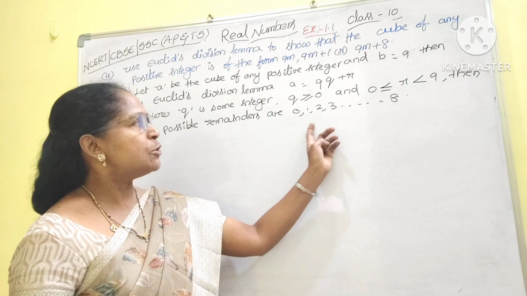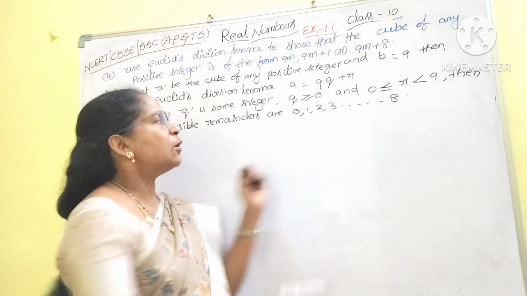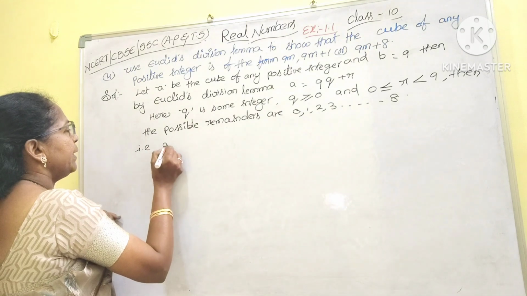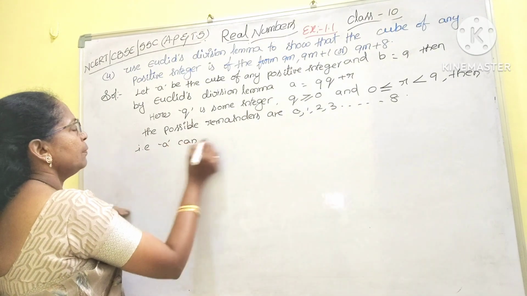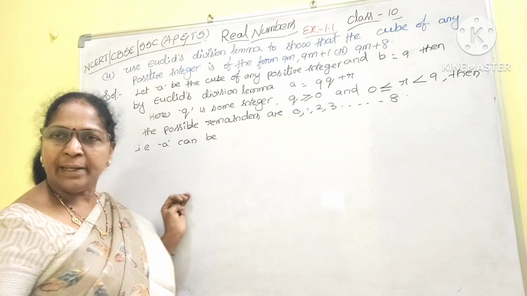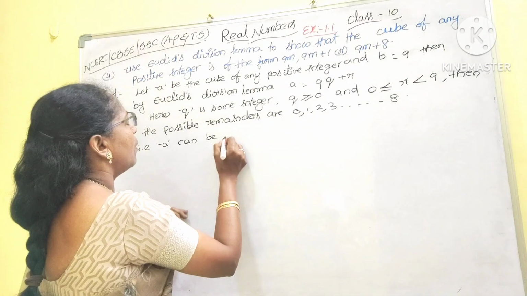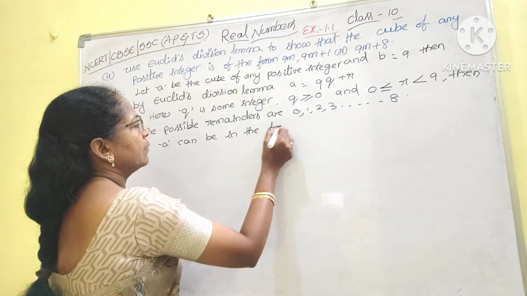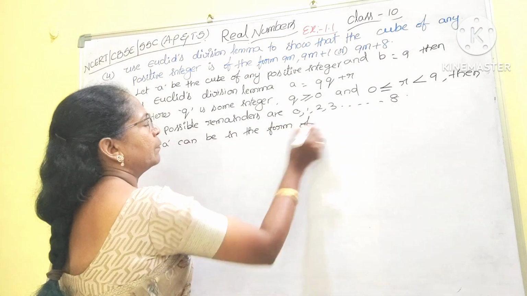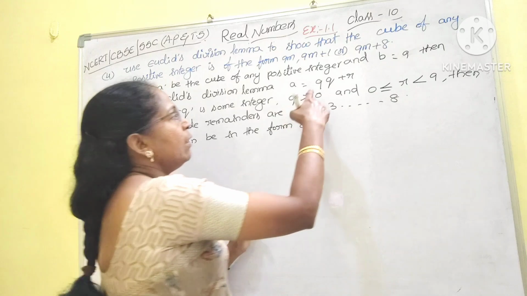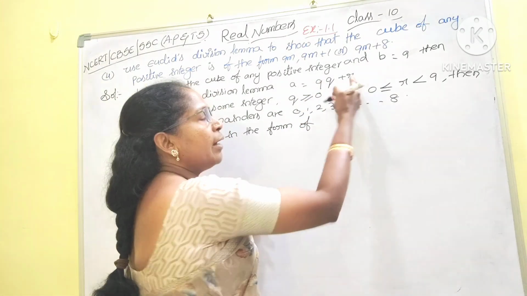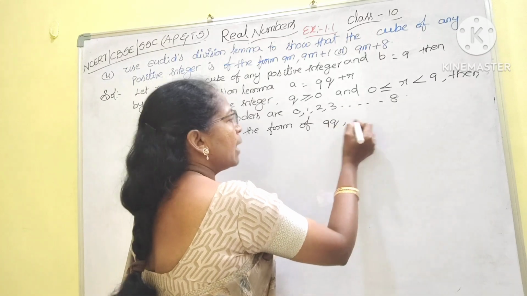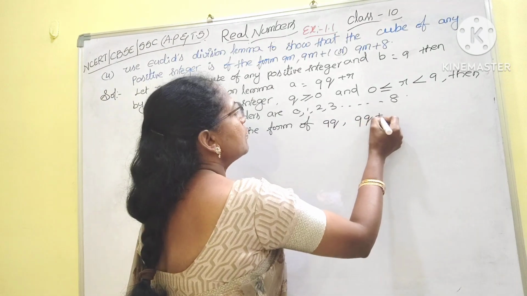Less than 9, so 0 to 8 are the possible remainders. That is, A can be of the form 9Q plus R, where R equals 0, then you will get 9Q, and 9Q plus 1.